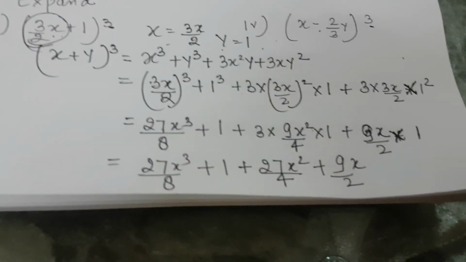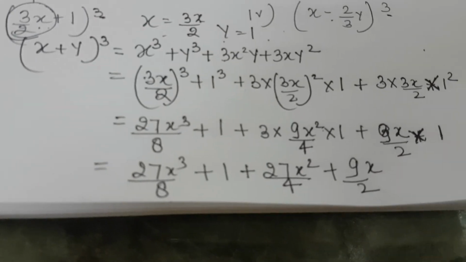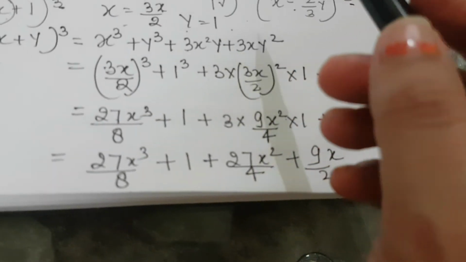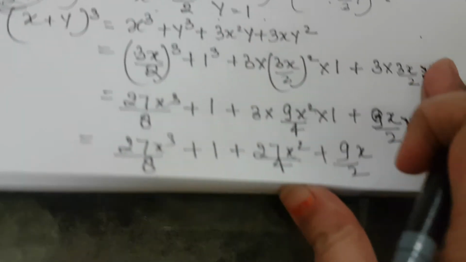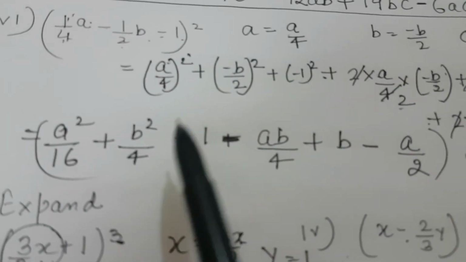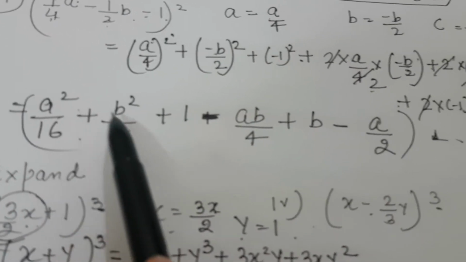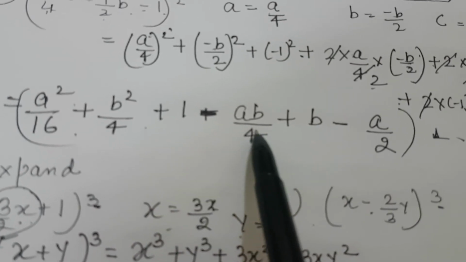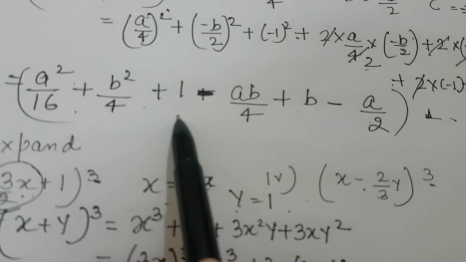So the calculation is done, and it's better that you write all the terms in your answer in descending order, according to the powers, like we did here also. So this answer can also be written in descending order: first this one, then this one, then the constant term, then the last one.